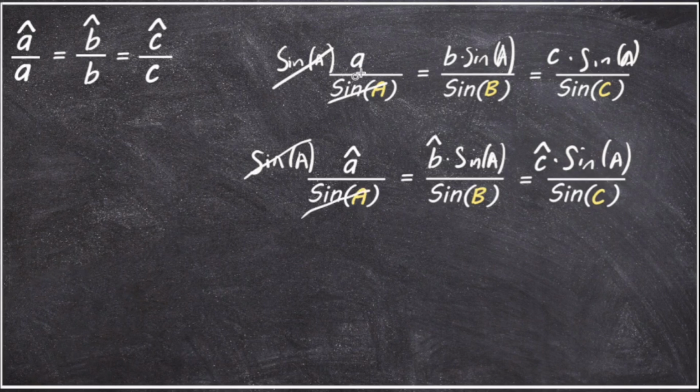And that gives us that A equals B times sine of A over sine B, and C times sine of A over sine C, and A hat equals B hat times sine of A over sine B, and also equals C hat times sine of A over sine C.